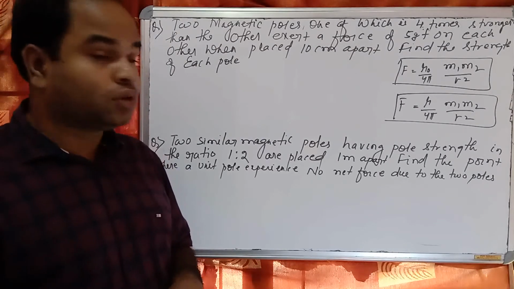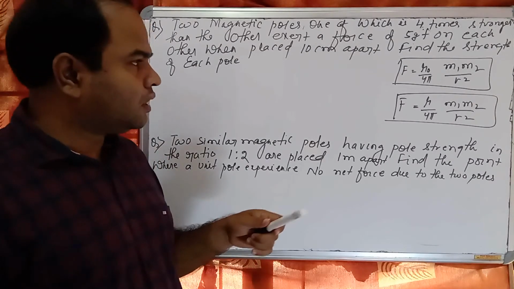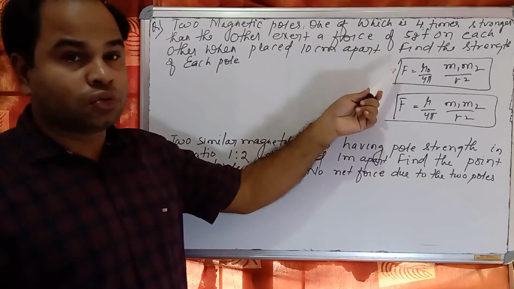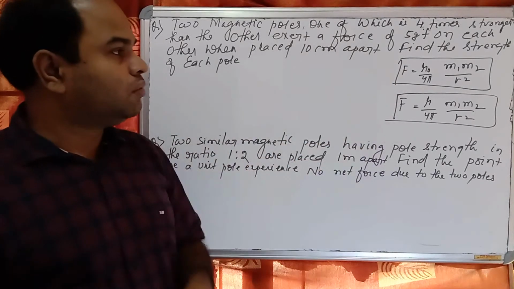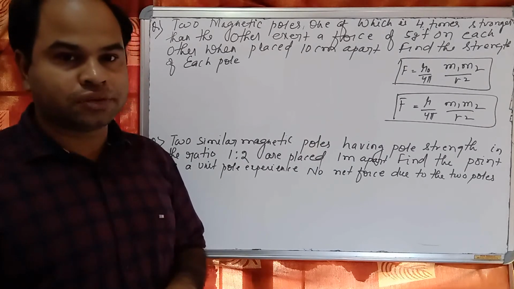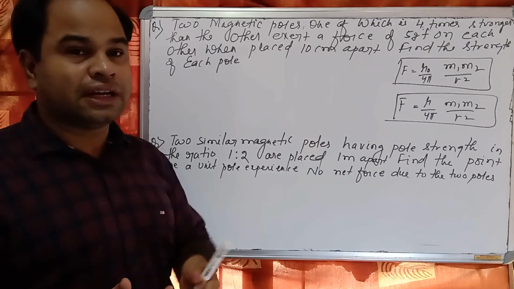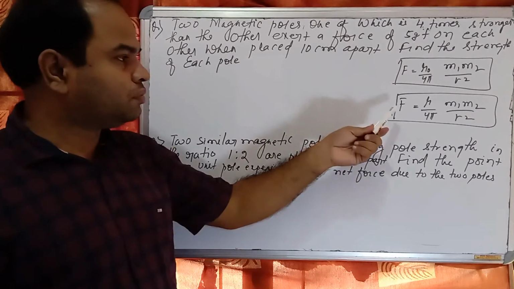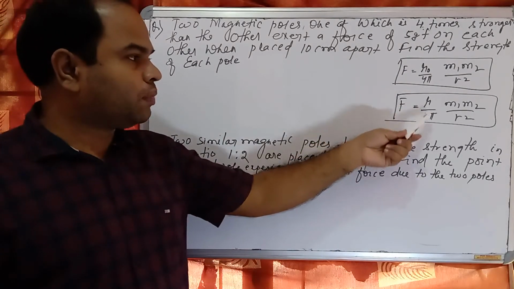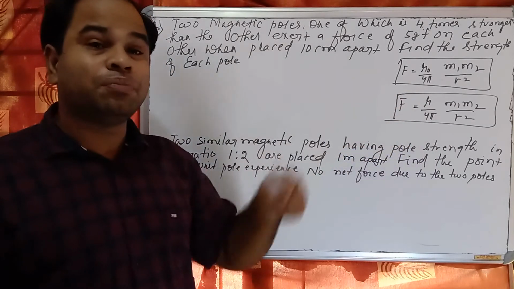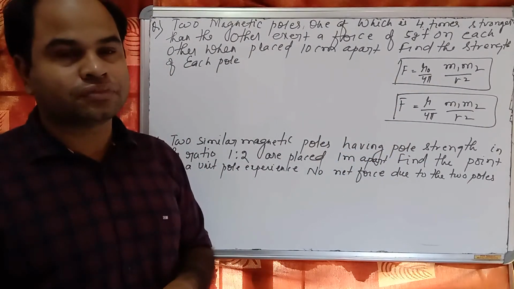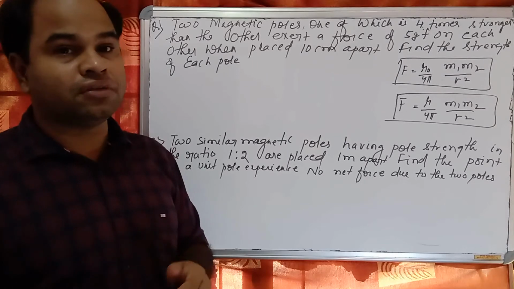So before moving to that question, our force, that is Coulomb's law of magnetism, in air medium this force is mu naught by 4 pi m1 m2 by r square. But if we have any medium, this force becomes mu by 4 pi m1 m2 by r square, where mu is the permeability of the medium.